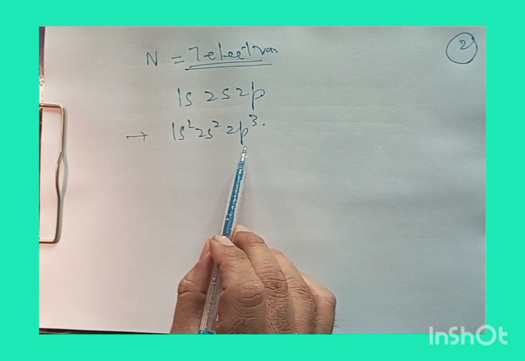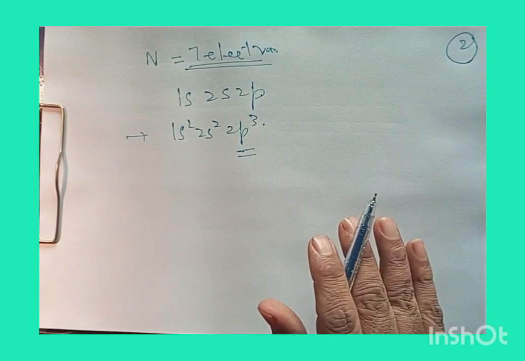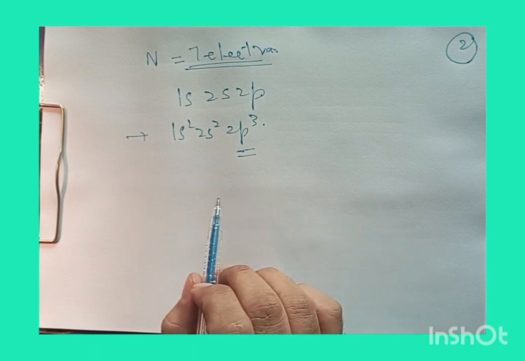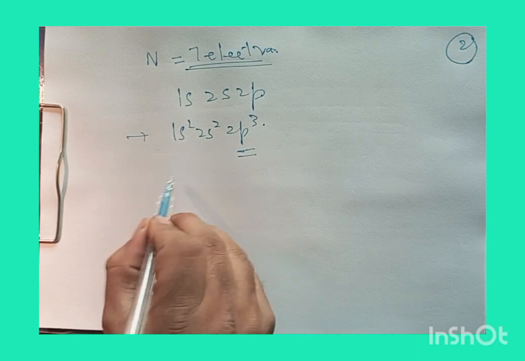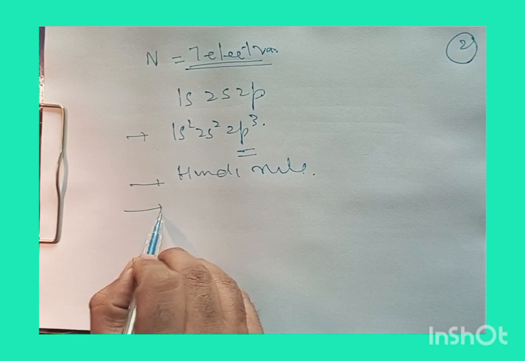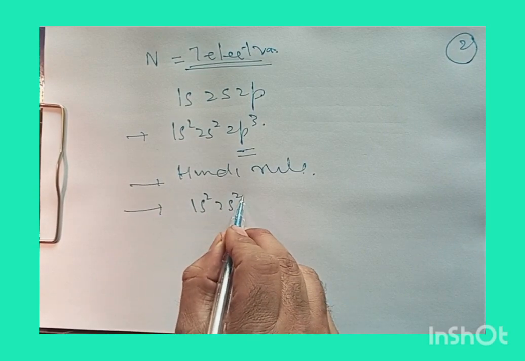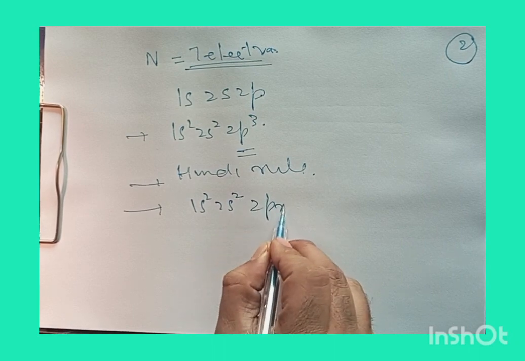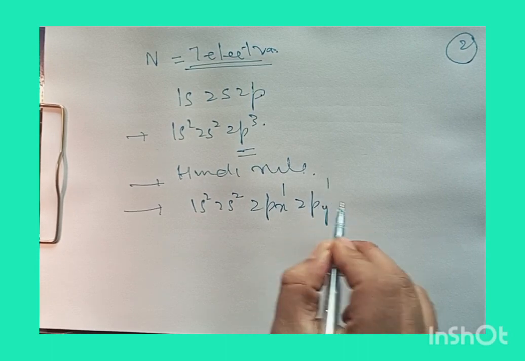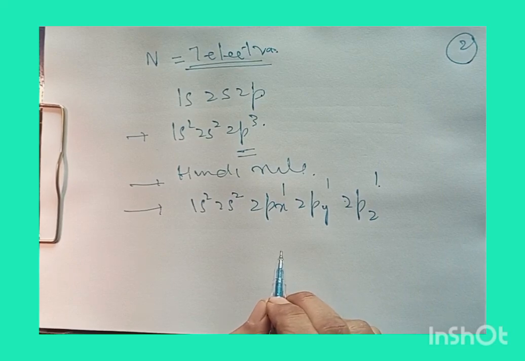And since there are 3 p orbitals, and these p orbitals are degenerate, meaning their energies are the same, what is the possible distribution of electrons under consideration of Hund's rule? On applying Hund's rule here, we will have 1s2, then 2s2, and then 2px1, then 2py1, then 2pz1.